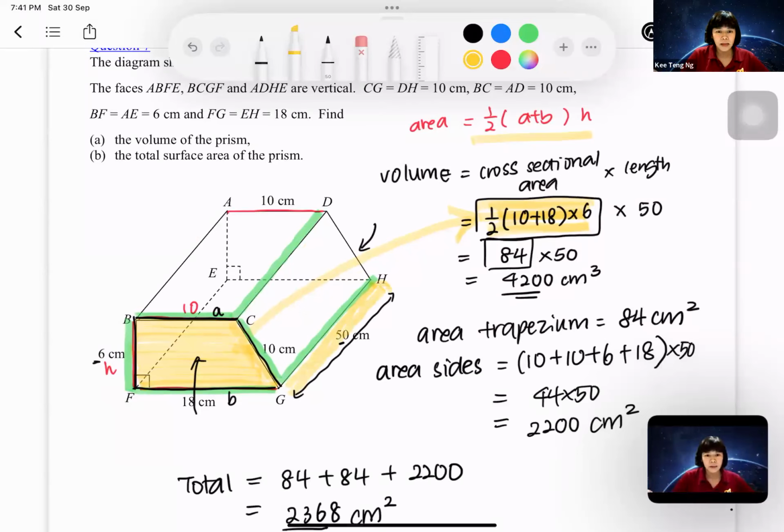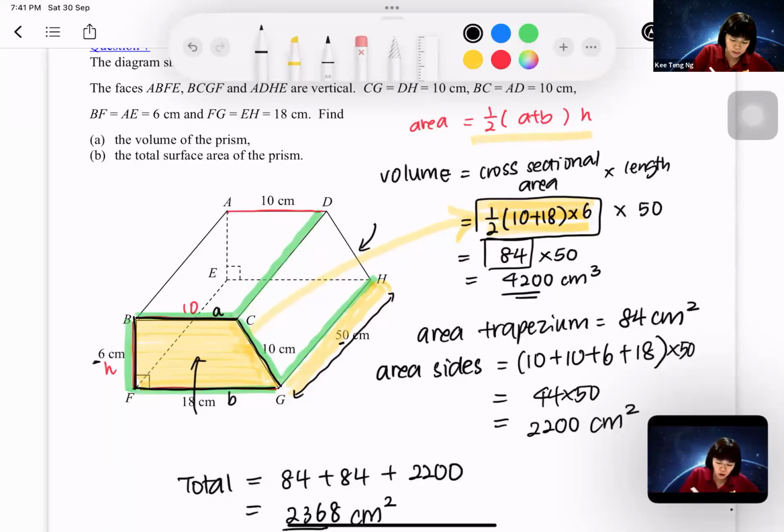Okay. Then after that, if I want to find total surface area, I need to add up all the sides. Okay, 10, 10, 18, 6 cm. Add up all the sides, but all must multiply by 50. So they are all rectangles. Then at the front, at the back. Where to get the 84, you use the area of the trapezium.